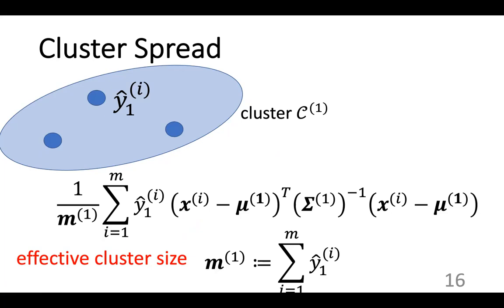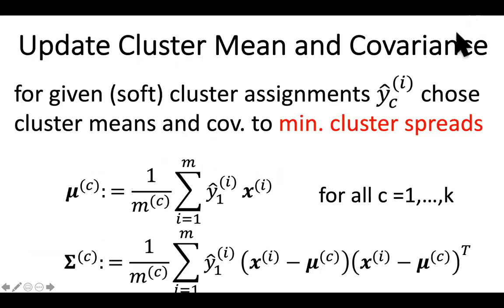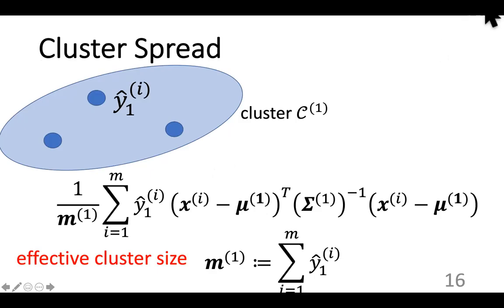Well, we can fit this Gaussian distribution to the data points we have. And this turns out to be equivalent to minimizing a cluster spread. Similar to k-means, we can define a cluster spread, but it is now defined in a different norm. In k-means, we used the squared Euclidean norm.